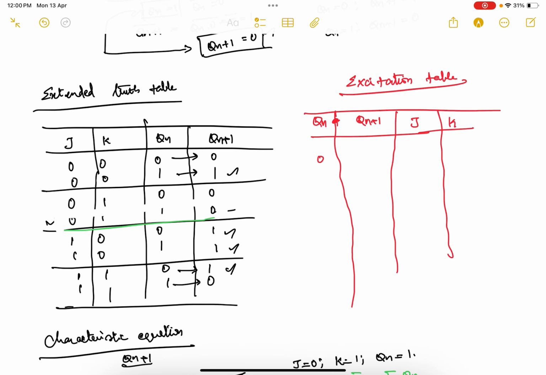And we already told you there are two states, present state and next state. It can be either 0 0, 0 1, 1 0 or 1 1. So for each condition, what is the mandatory input?